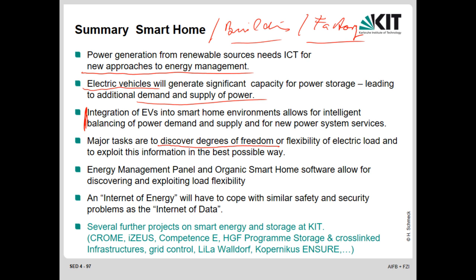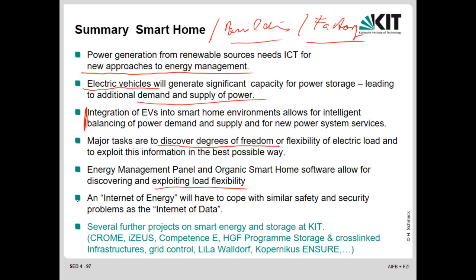In our organic smart home software, we have this energy management panel, which has the role of actually discovering flexibility, making information transparent, and then the organic smart home software exploits the load flexibility by optimizing the load schedule.